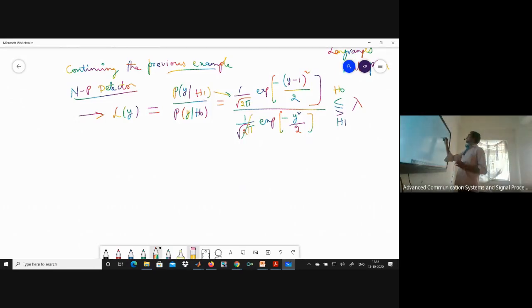So these two will get cancelled, so you'll be getting exponential of minus 1 by 2 times (y square plus 1 minus 2y). I believe if I take minus common, here I should have minus y square, if I'm not wrong. Lambda.